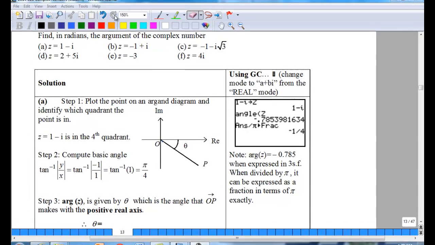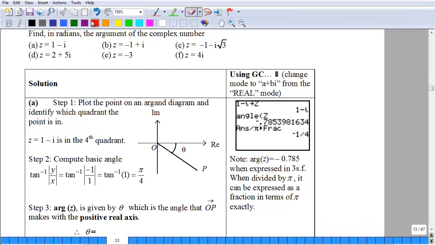To mark down 1 minus i on the Argand diagram, I will move 1 unit to the right, and I'll need to move 1 unit down because of the minus i. From here, to find the argument, I know that I will need to find the angle theta. When measured this way down, that's the argument.